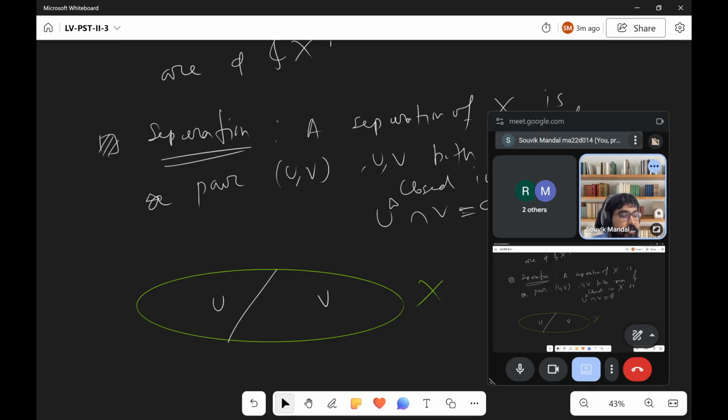Is this particular definition clear? What is this definition telling? Separation means we have a pair of subsets of X, each of which is both open and closed in X, and they have empty intersection.